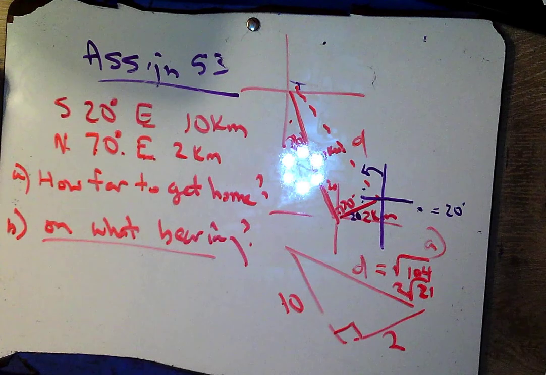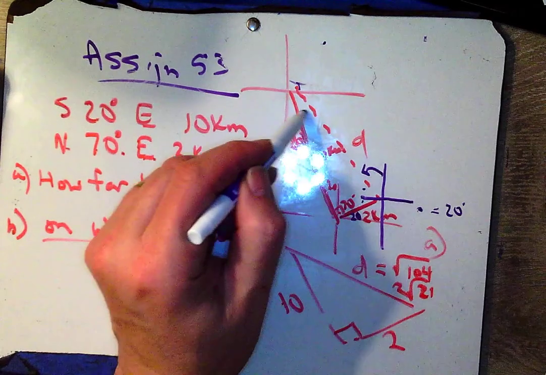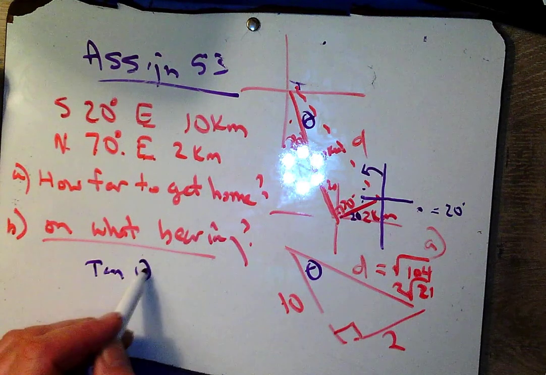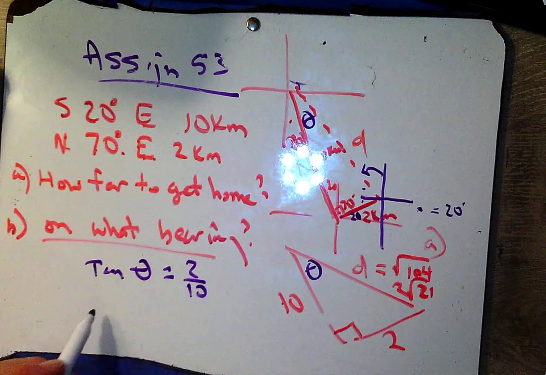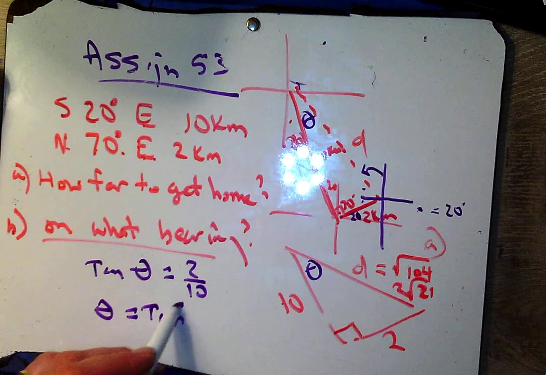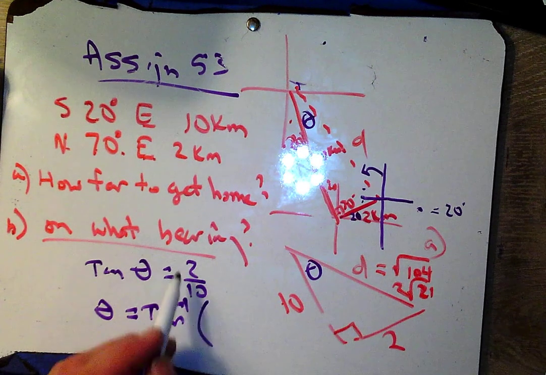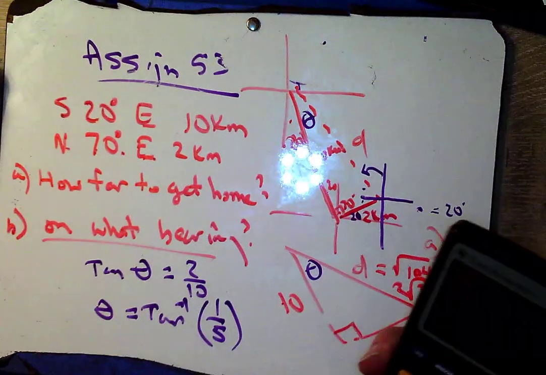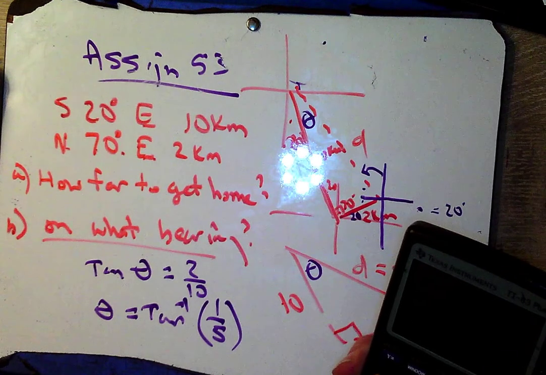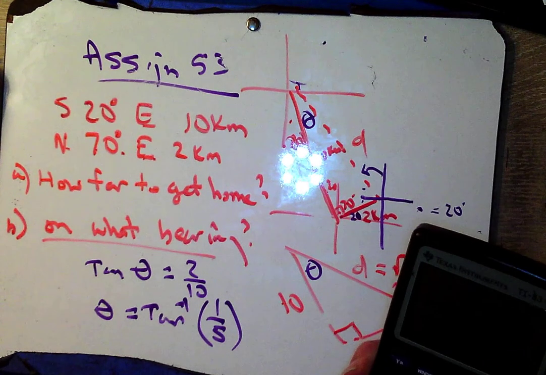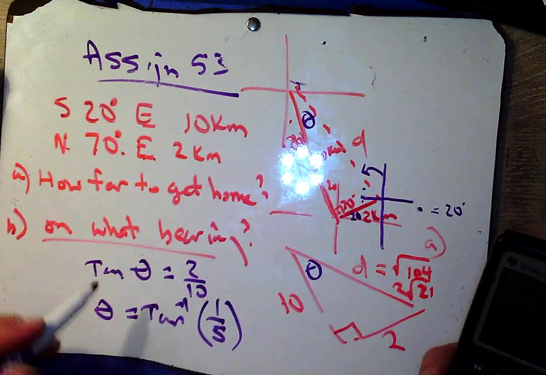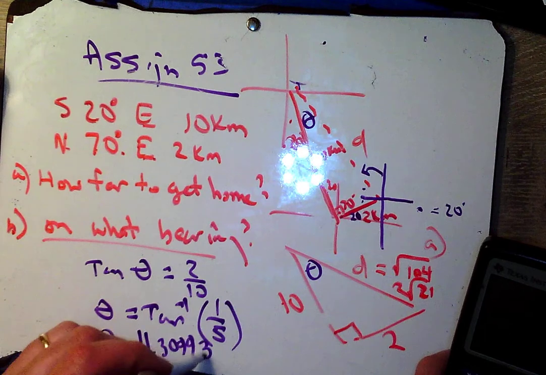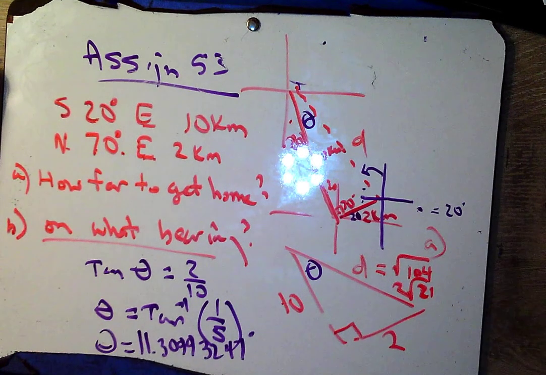Okay, well, let's see what we can do about that. This angle I can find with tangent. Tangent theta is 2 over 10, so theta will be tangent inverse of 2 over 10, or 1/5. Inverse tangent of 1/5, and I get that theta equals 11.30993247 degrees.